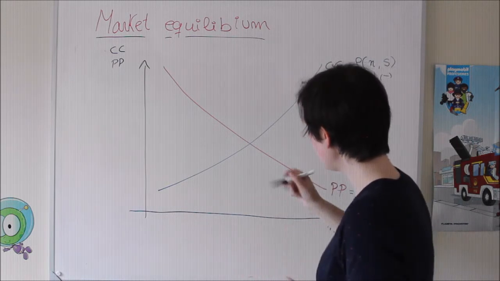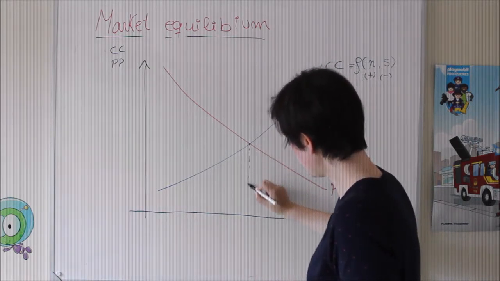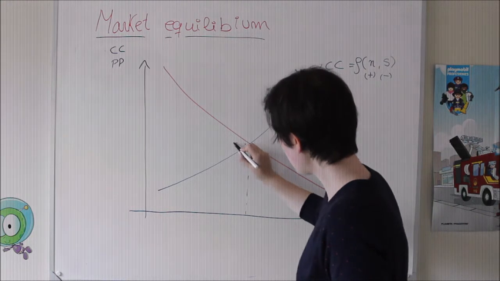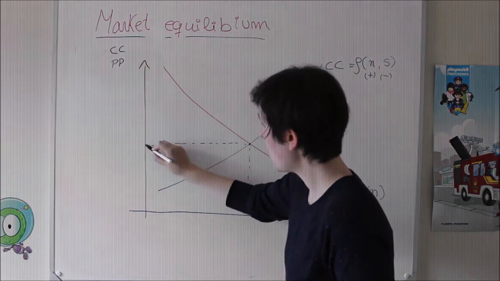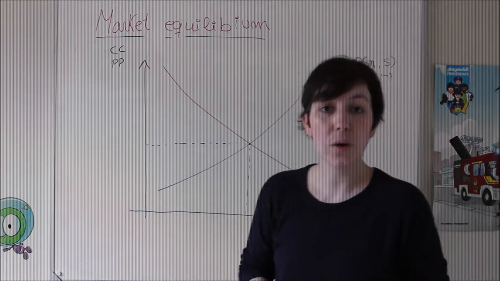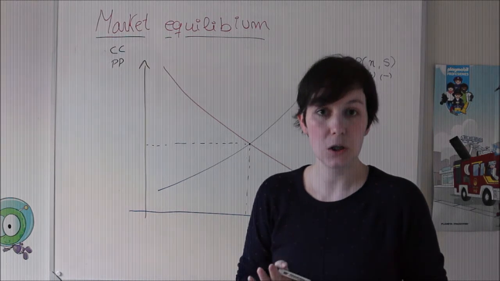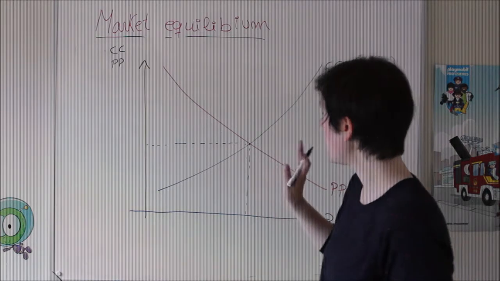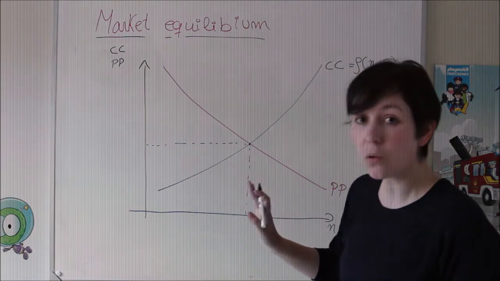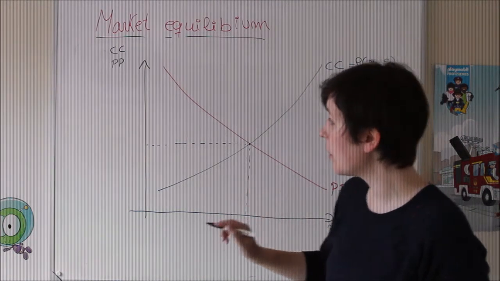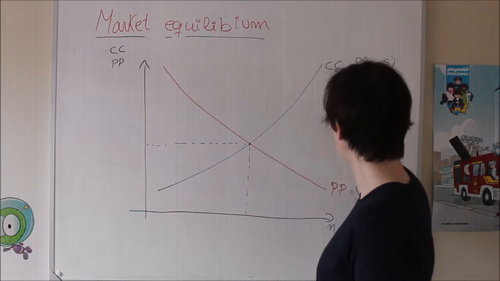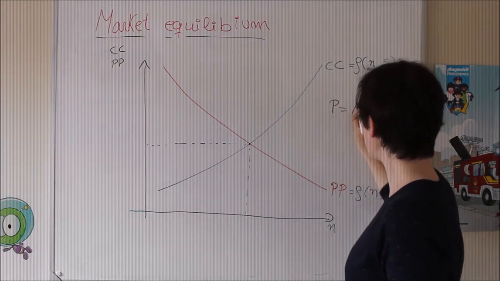What is going to be the equilibrium? Of course, it's going to be here. Okay, so this is a long run situation. Why do I say that? Because in the long run, the profits of each company are going to be zero. How is that possible? Because we know that the benefit is zero when the price you put is equal to the average cost.